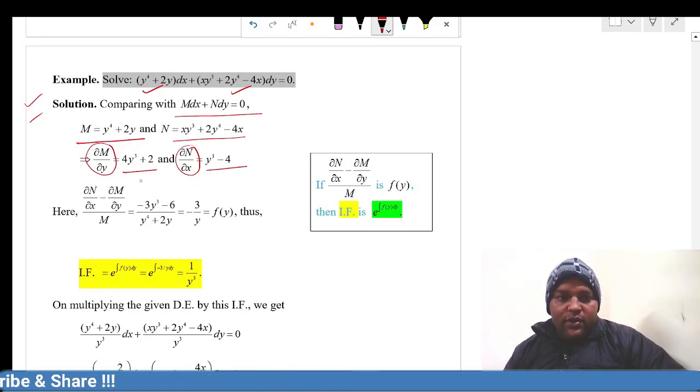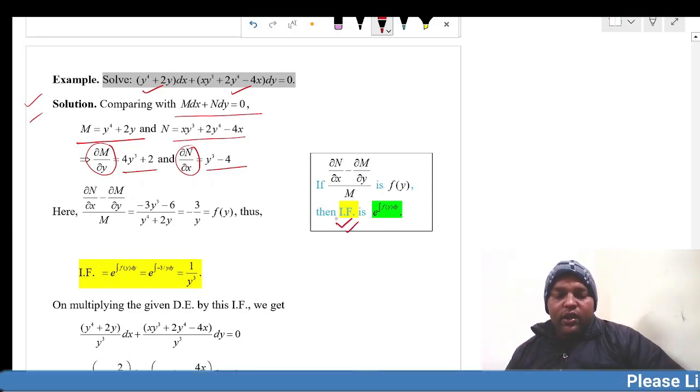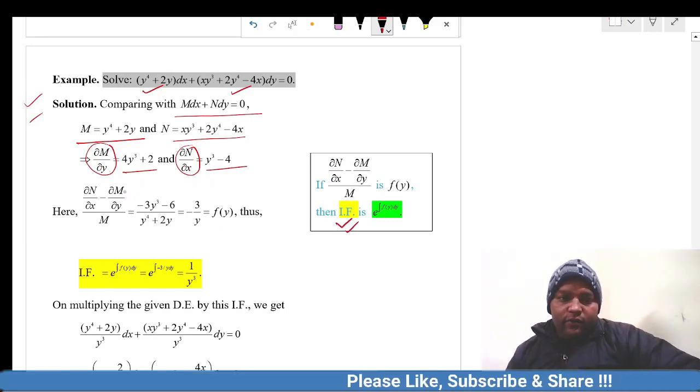Here we can observe that both the partial derivatives are unequal, which means that the given equation is not an exact differential equation. Thus we have to evaluate the suitable integrating factor.